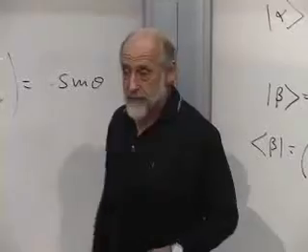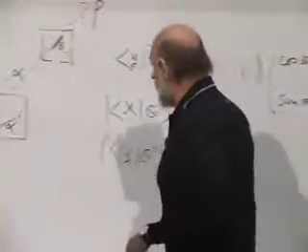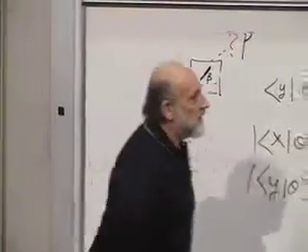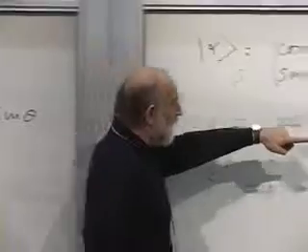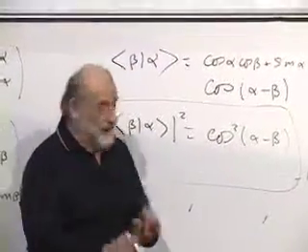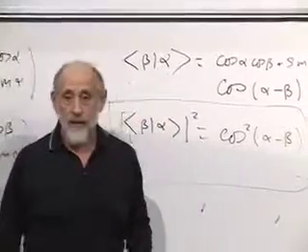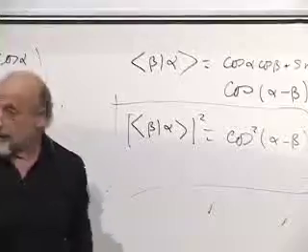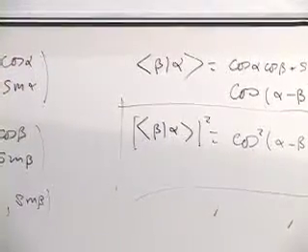As beta is rotated away from alpha, this gets smaller. When they're 90 degrees apart, the cosine of 90 degrees is 0, and there's no probability to go through. So the formula makes some sense.